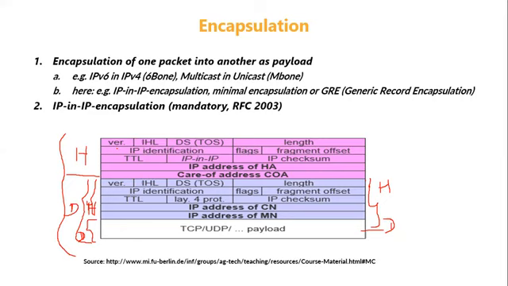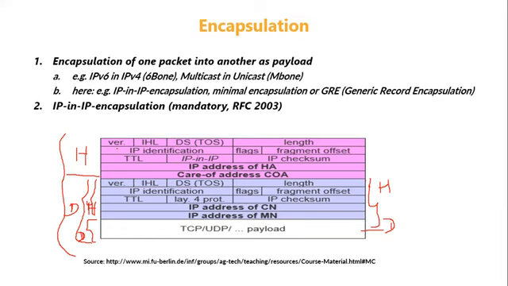The fields up to TTL have no special meaning for mobile IP. They are very generic, normal IP packet fields.